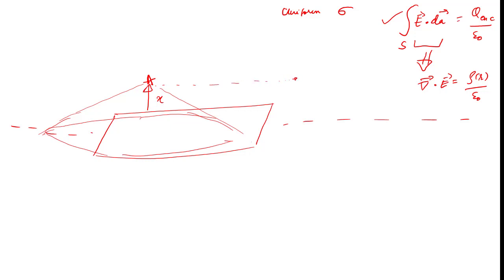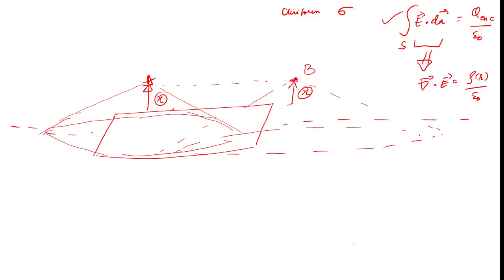And if you go to, say, point B somewhere else, which is also a distance x above the plane, you will still see the same amount of charge. So at point A and at point B, which are both at a distance x above the surface, you would expect the electric field to be the same.